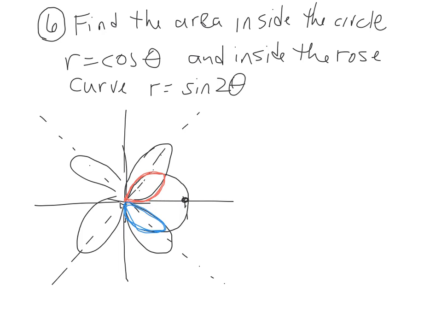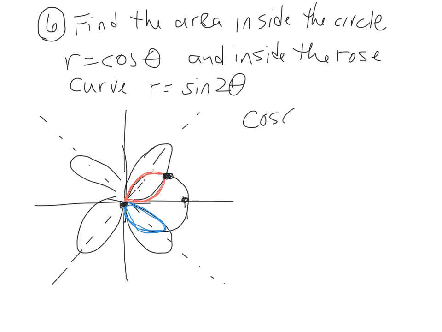So when I look at this area, I want to find the point of intersection right here. I can see that they definitely intersect at the pole, but I also want to find where do they intersect up here. So I'm going to set them equal to each other to find that.